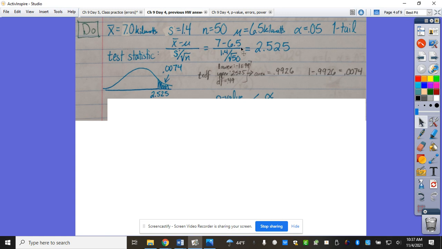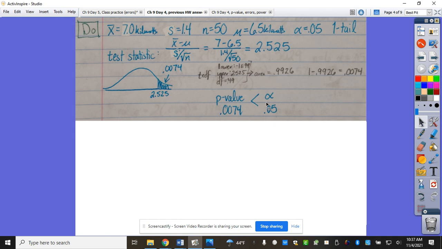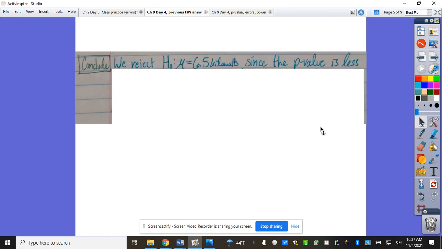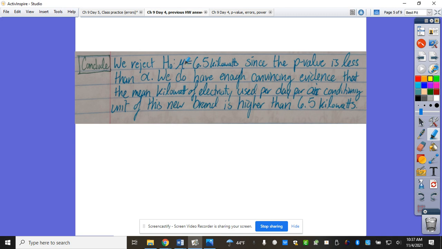So if I actually typed this one in the calculator, I would have done my lower is 2.525, my upper is 1E99. And then you want to compare your p-value to your alpha, and here we state that it is less than. So our conclusion, we reject the null hypothesis that mu equals 6.5 kilowatts since the p-value is less than alpha.